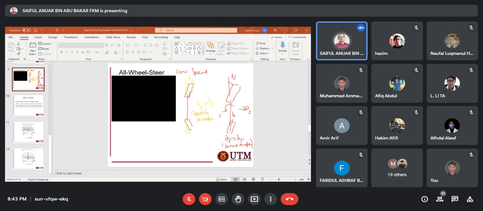Okay, and then apart from power steering, those functions are extended to advanced features, which is the active steering system. The active steering system involves the same function and components as power steering. It's just that it is controlled to steer the wheel without input from the driver.